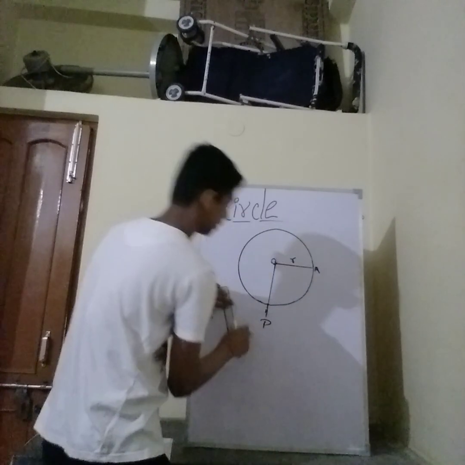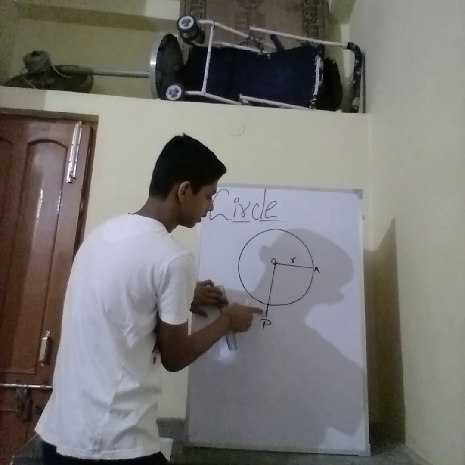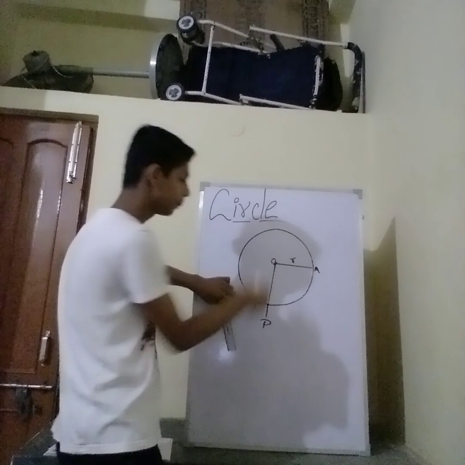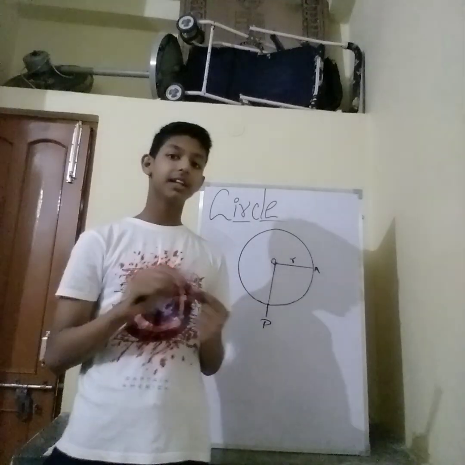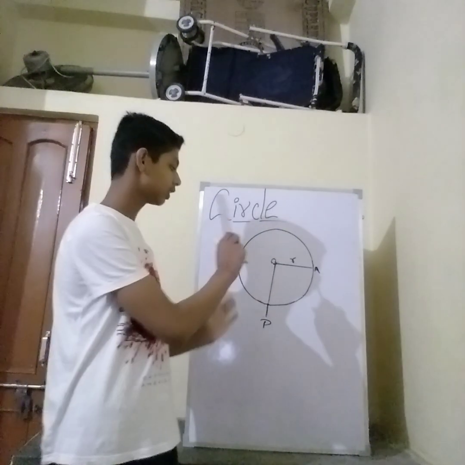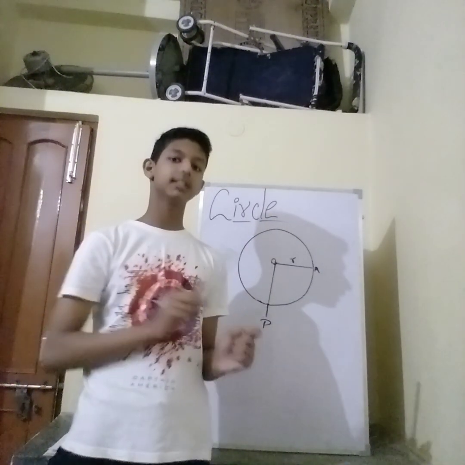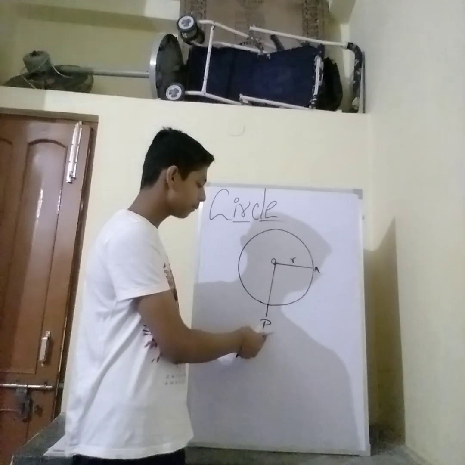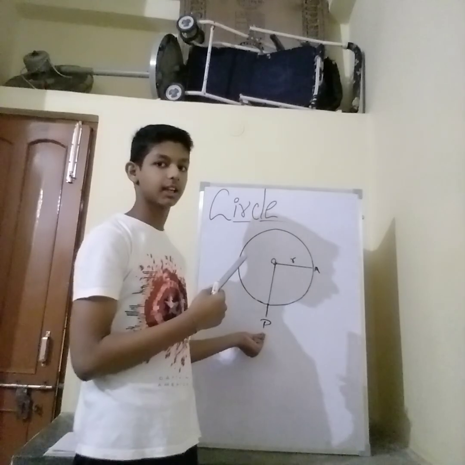In this case the line segment OP is greater than the radius of the circle. So we conclude that when line segment OP is greater than the radius of the circle, then point P is outside of the circle.